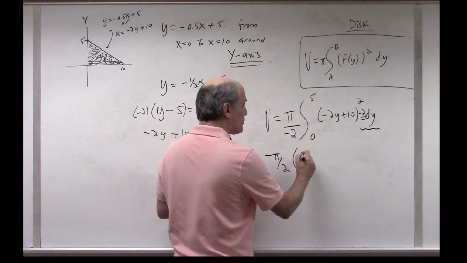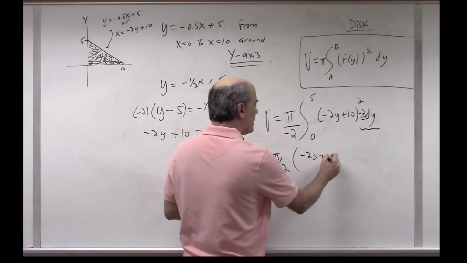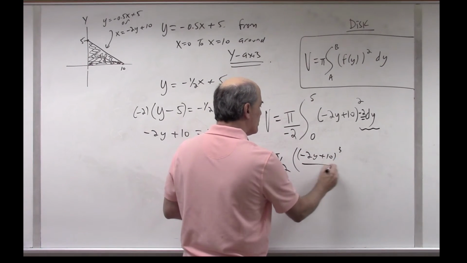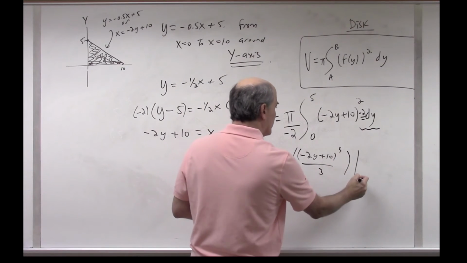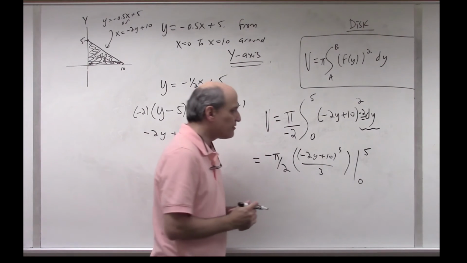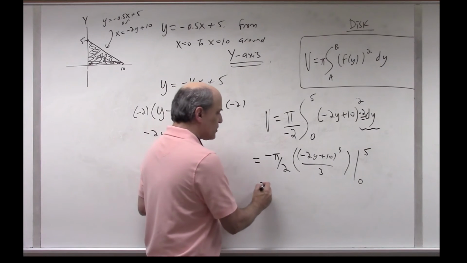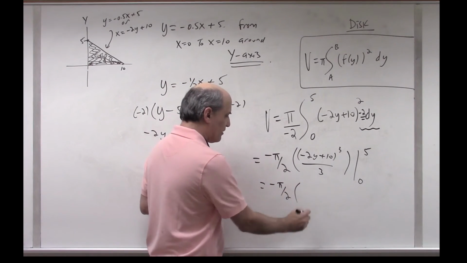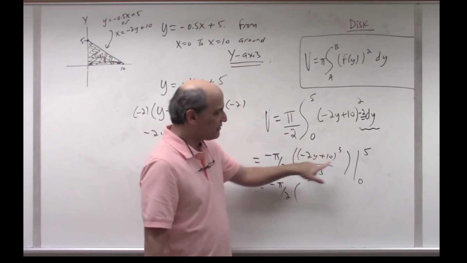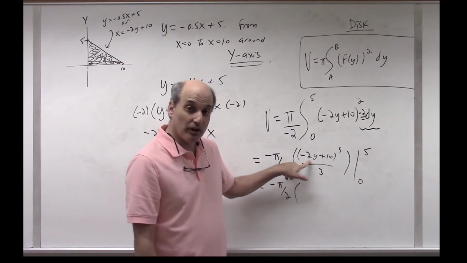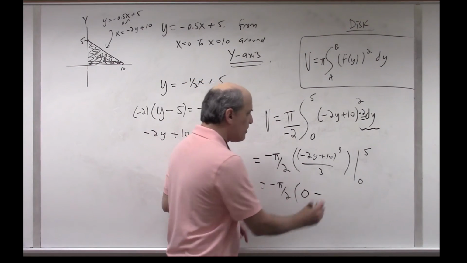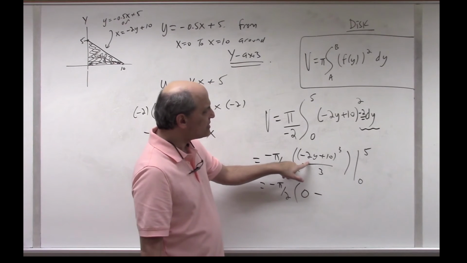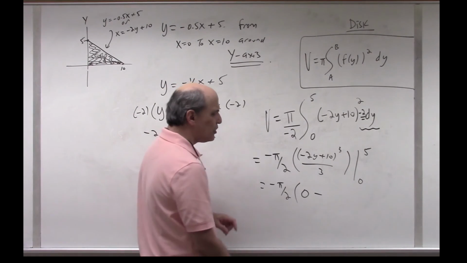But this will just integrate as negative 2y plus 10 cubed over 3, where now I have to plug in 0 and 5. So let's leave negative pi over 2 for now on the outside. If you plug 5 in, you're going to get 0, minus, if you plug 0 in, you're going to get 10 cubed over 3.